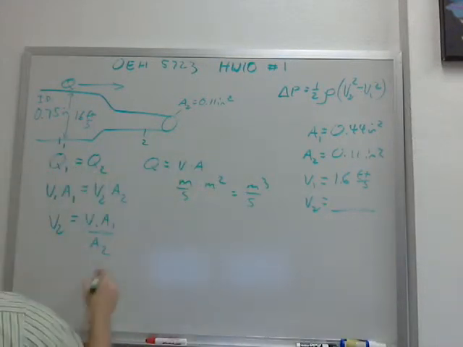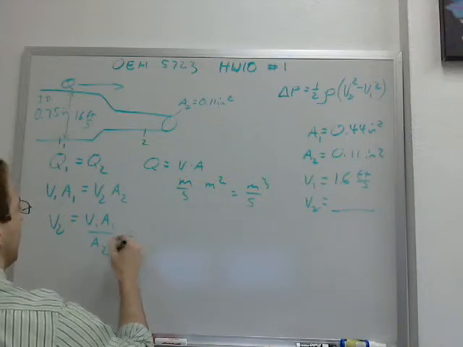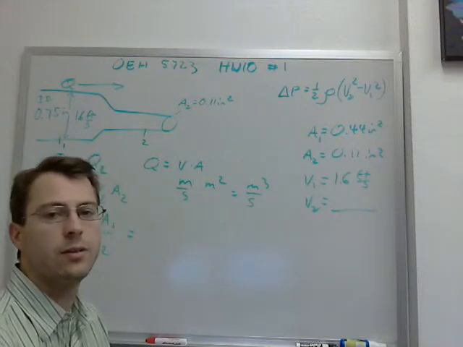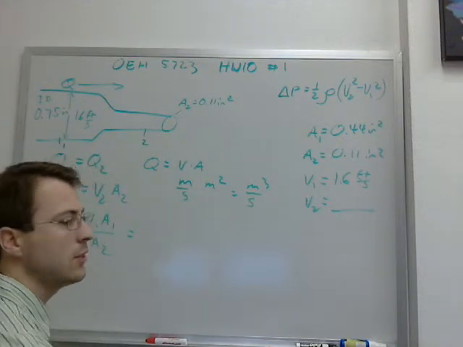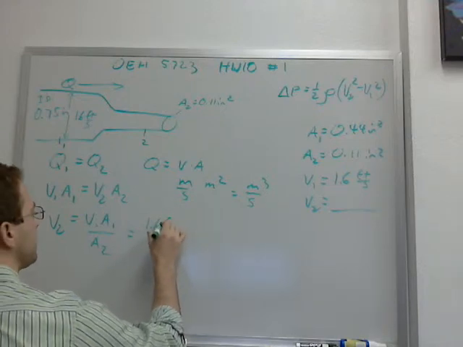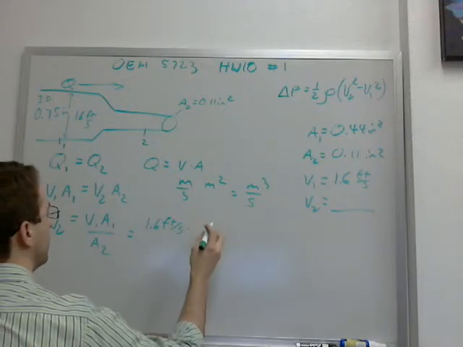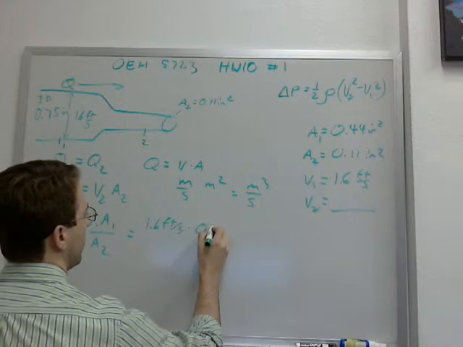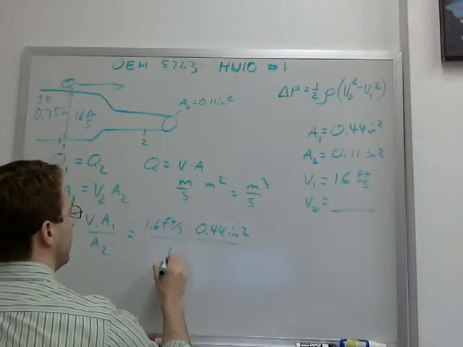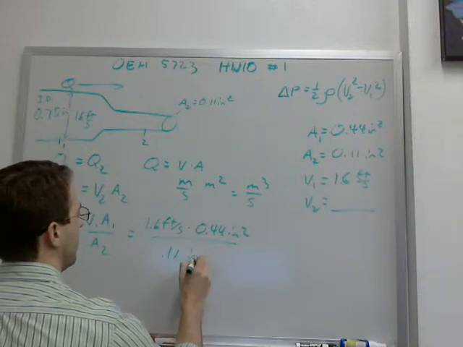And so we can just calculate that pretty quickly. Because our areas are going to cancel, we don't have to worry about getting them in square feet or anything like that. So just save yourself the unit conversion trouble. And we have 1.6 feet per second multiplied by 0.44 inch squared divided by 0.11 inch squared.